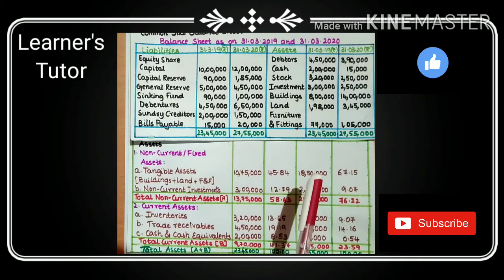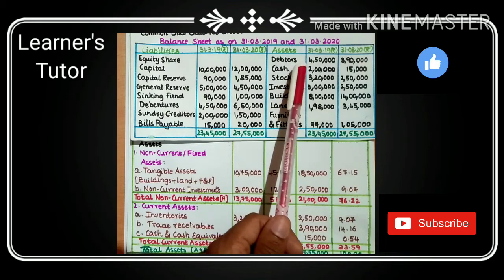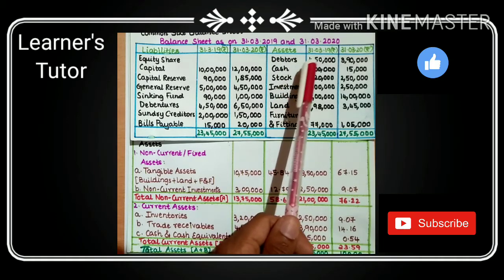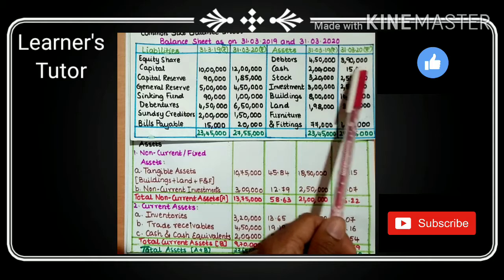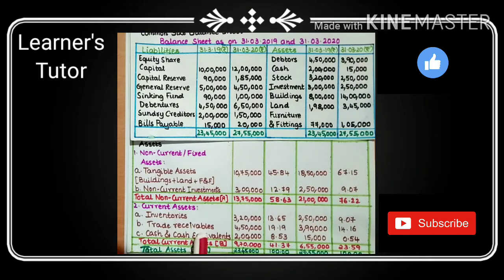Next we have debtors, also known as trade receivables: 4,50,000, 3,90,000. 4,50,000 divided by 23,45,000 into 100 is 19.19%. 3,90,000 divided by 27,55,000 into 100 is 14.16%.